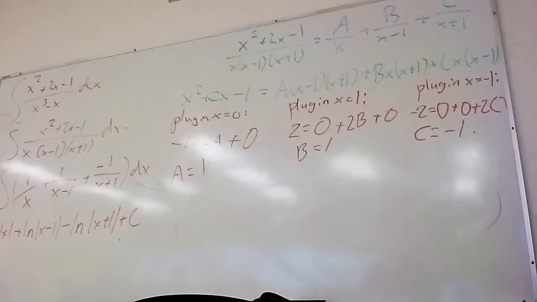If this was a definite integral, you would evaluate that and get a whole bunch of random stuff. So let's say you want to check from 1 to 2.